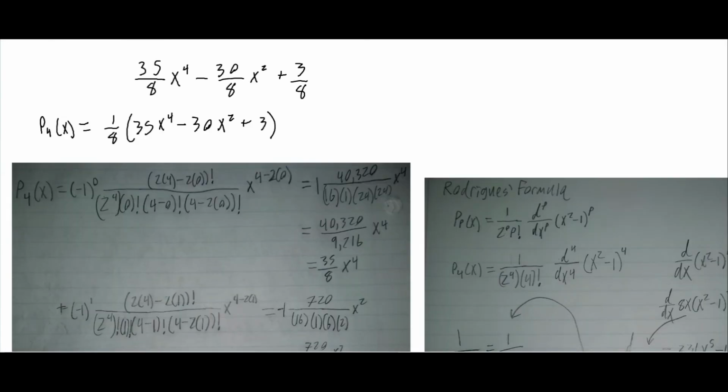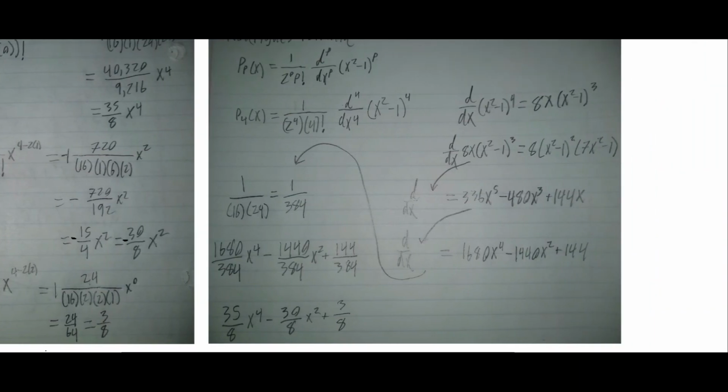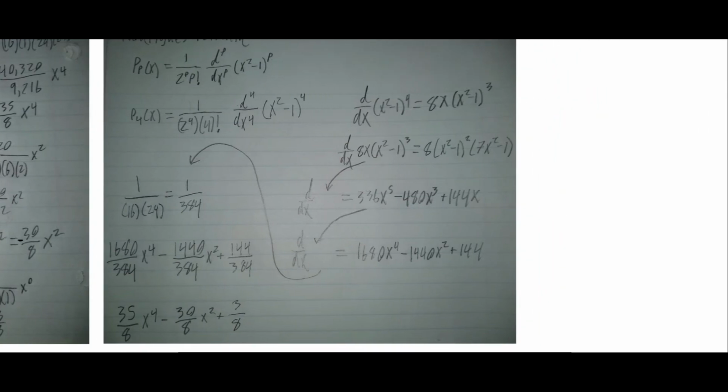So this formula up here will give us the Legendre polynomials, but there's also this thing called Rodrigues's formula. The pth polynomial, whatever order you want, is equal to 1 over 2 to the p power times p factorial, multiplied by the pth derivative of x squared minus 1 to the p power.